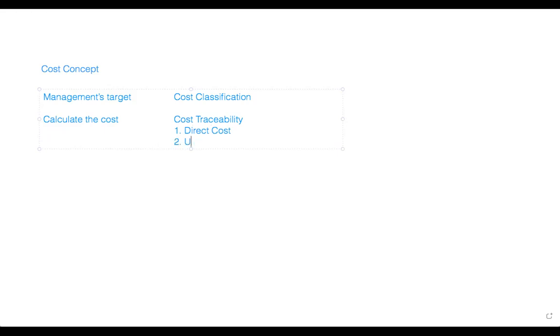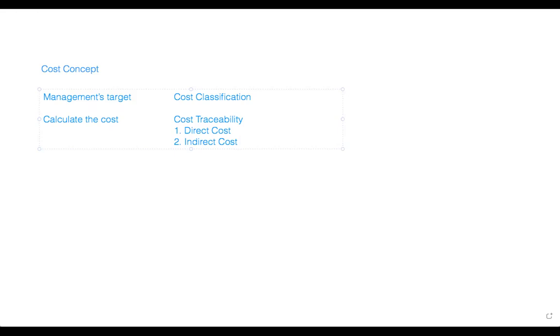I'm pretty sure that everyone has known this before, right? From cost accounting study. So what is the direct cost? The direct cost is the cost that is easily traceable to the cost object.